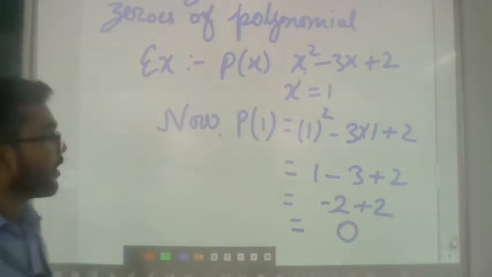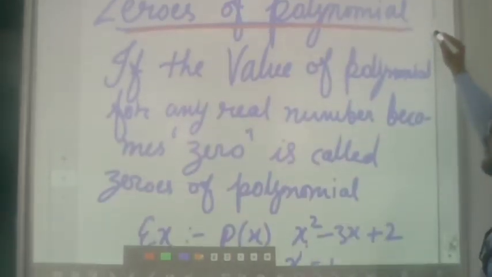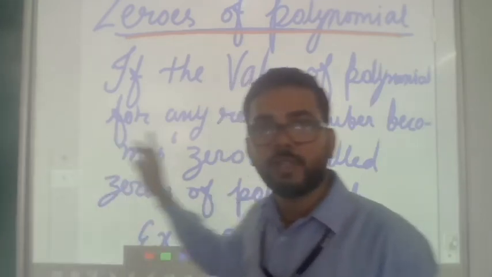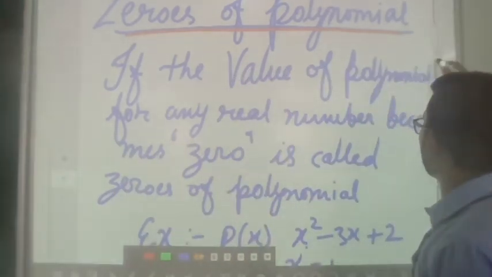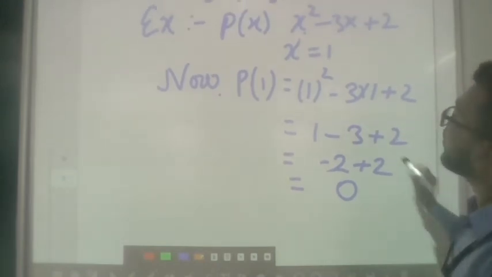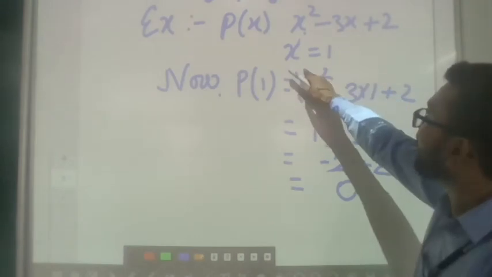So listen, according to the statement I have written here, if the value of a polynomial for any real number becomes 0, it is called a zero of the polynomial. Here I have taken the polynomial x squared minus 3x plus 2, where x is equal to 1.